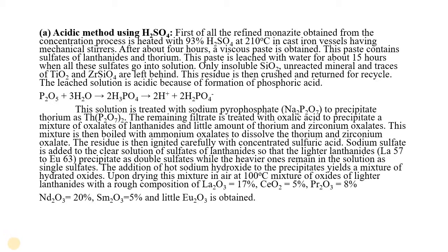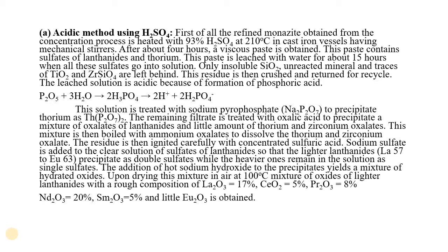The residue is ignited at high temperature carefully with concentrated sulfuric acid. Sodium sulfate is added to the clear solution of sulfates of lanthanides. So the lighter lanthanides having atomic numbers 57 to 63 precipitate as double sulfates, while the heavier ones remain in the solution as single sulfates.